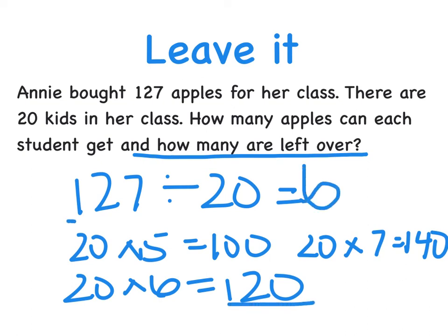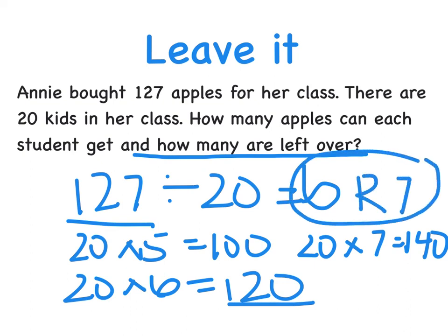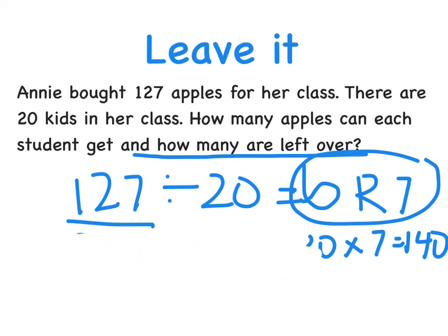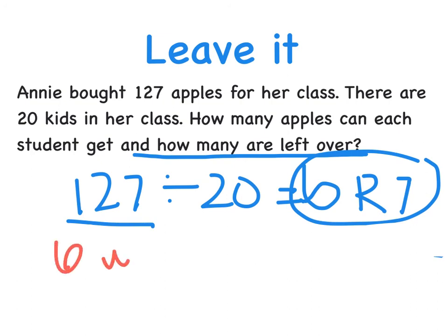And since that's 120 and we have 127, we'll have 7 remaining. Remainder 7. Since it asks how many each student gets and how many are left over, I'm okay to just leave that remainder. I could write it like 6 remainder 7, or I could write out 6 with 7 left over.